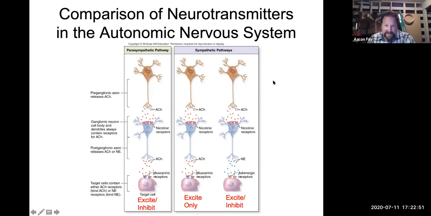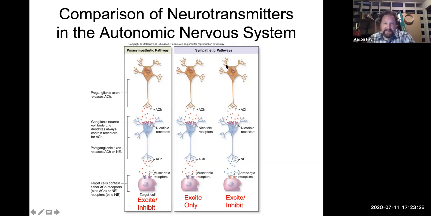So this is the same through both the parasympathetic and the sympathetic. Now, in the case of the parasympathetic pathway, our postganglionic axons will only ever release acetylcholine. They do not release norepinephrine. When that acetylcholine passes a synapse and gets to its effector, it might excite or it might inhibit that effector. Could go both ways.